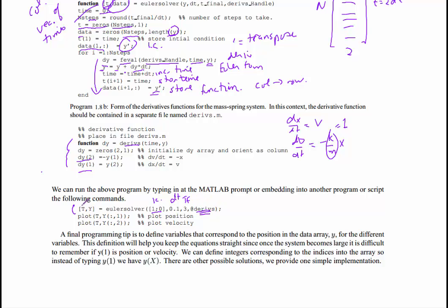Once you have that, t is a column vector. Then the first column of y is going to be the x vector, and the second column of y is the v vector. Okay, so you notice that he plotted both the x vector and the v vector.